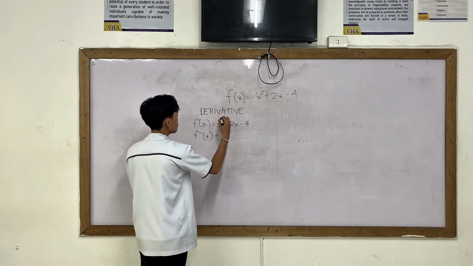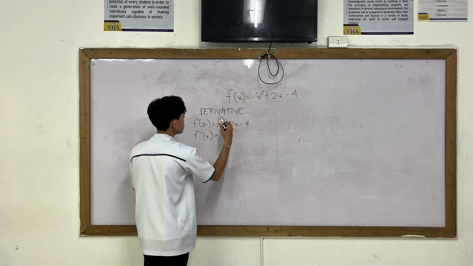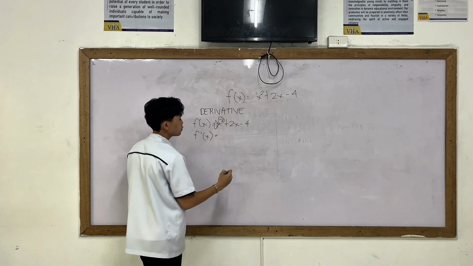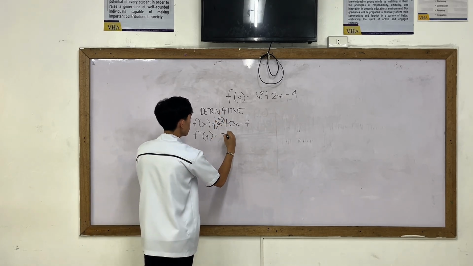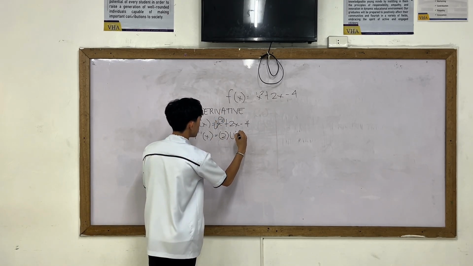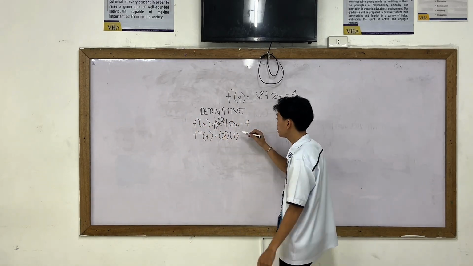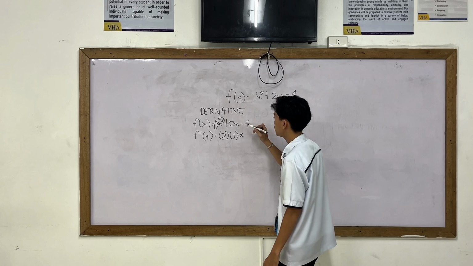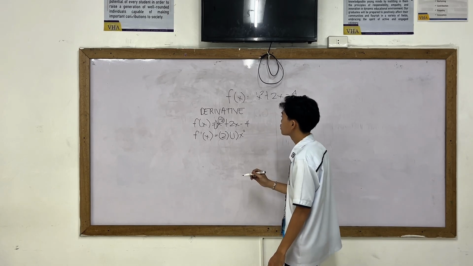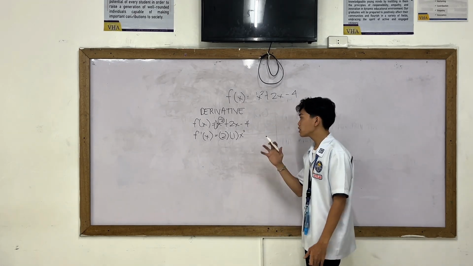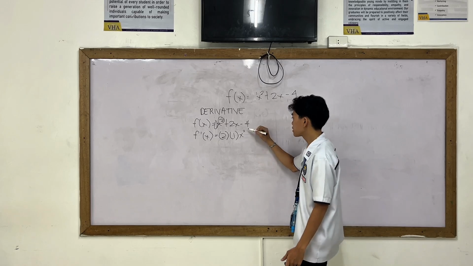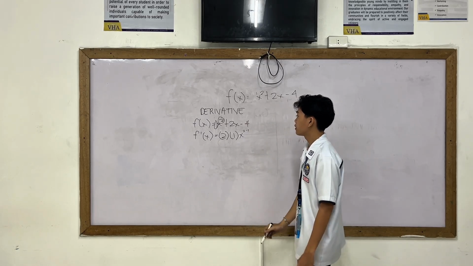In this case, we have the exponent 2 and the imaginary constant 1. So we multiply 2 times 1, and then we copy the variable and the exponent. In the derivative, we subtract 1 from the exponent.